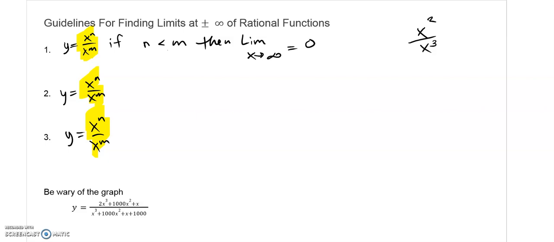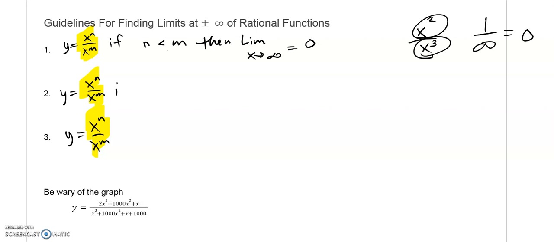Because imagine the value on the bottom grows faster than the value on the top, so essentially you have a number over infinity. If you plug in a smaller number over a really, really large number, you'll see that it approaches 0.